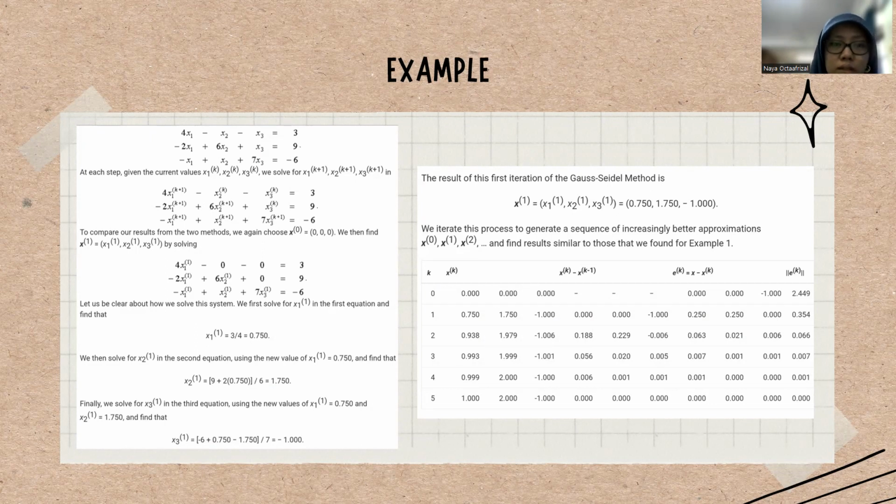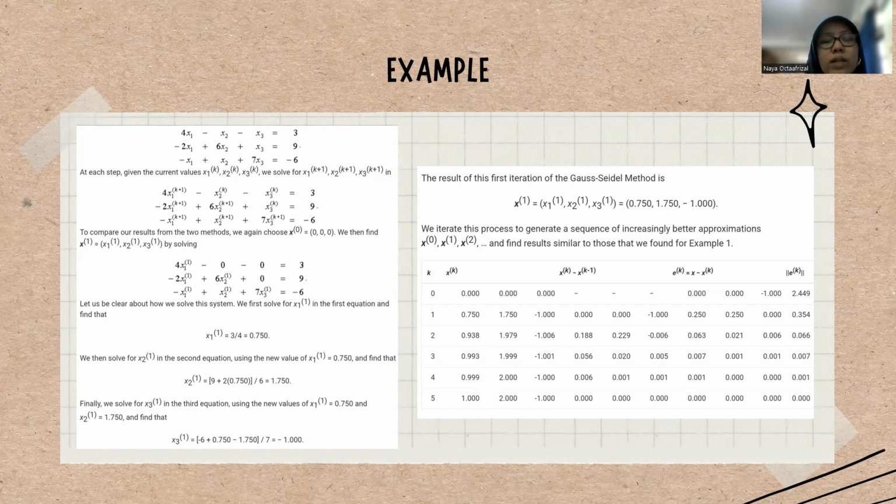We will first solve for x1,1 in the first equation and find that x1,1 is equal to 3/4, which is equal to 0.75. We then solve for x2,1 in the second equation using the new value of x1,1, which is 0.75, and find that x2,1 is 9 plus 2 times 0.75 divided by 6, which equals 1.75.